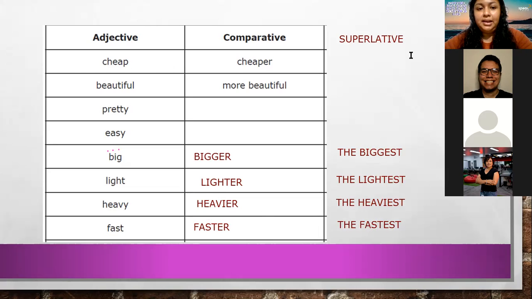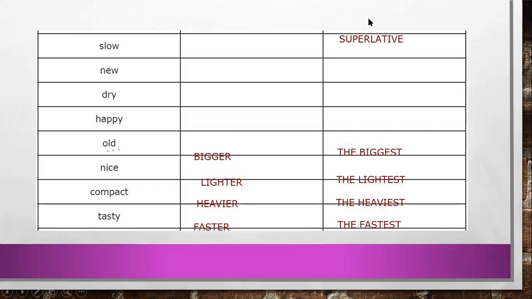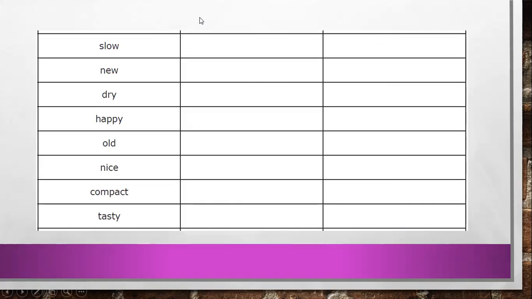All right. Now, all right, we have more. Let's see. Slow, comparative, and superlative. So we're gonna go like slow and slower. Slower, and then superlative, the slowest. Slowest. Very good. Okay. New, comparative, newer. Newer, right?